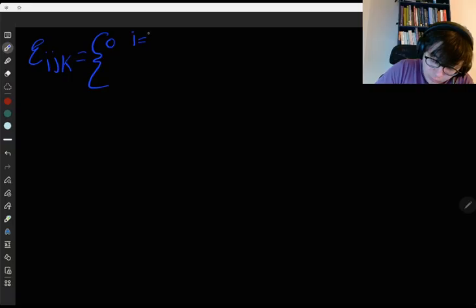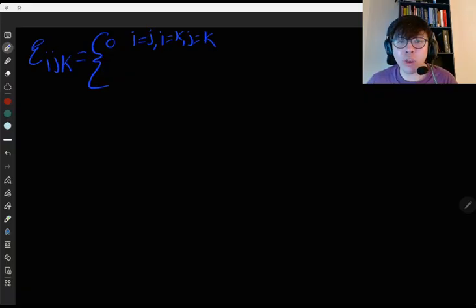If i equals j, it's 0. If i equals k, it's 0. And if j equals k, it's 0. So if any of the components are the same, we get 0, so it's the opposite of the Kronecker delta.